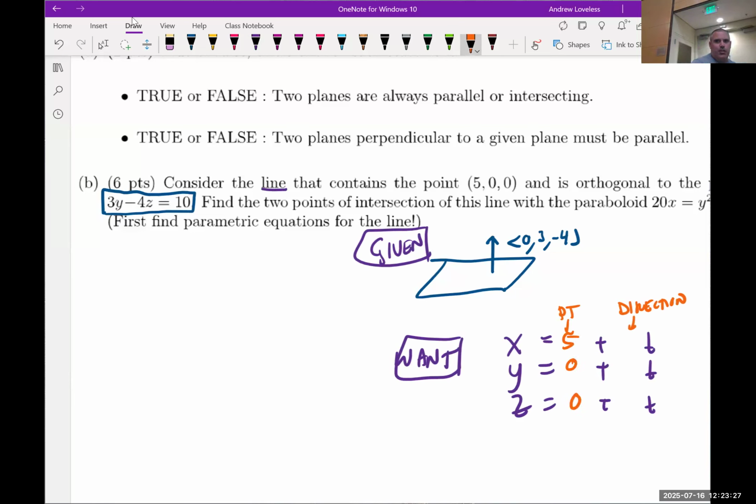Okay, so when I read this question and I see this word orthogonal, I'm very happy, because it's saying that the line is perpendicular to the plane. And so when I draw the line, I'm going to draw like this. And I want a vector that points this way. And they gave me a vector that points that way. So I don't need to do anything else.